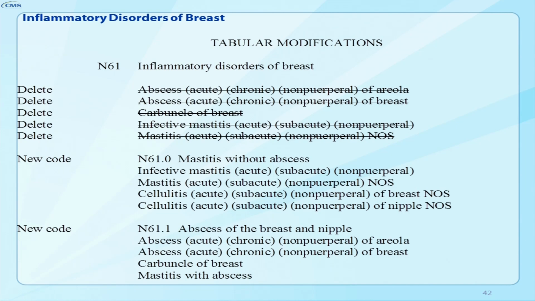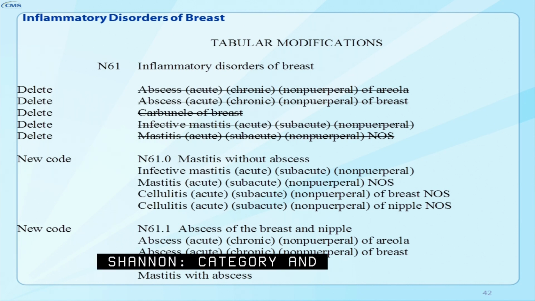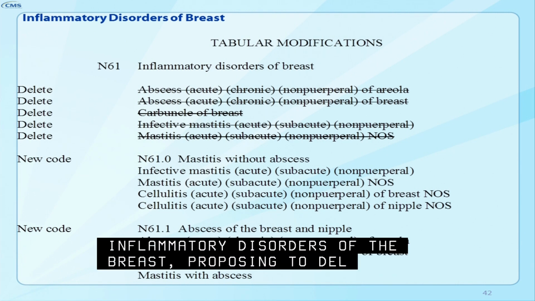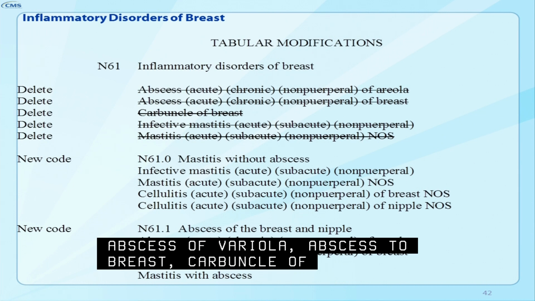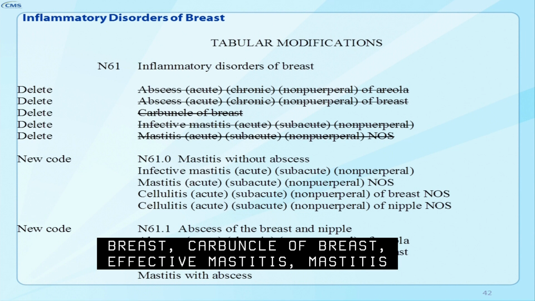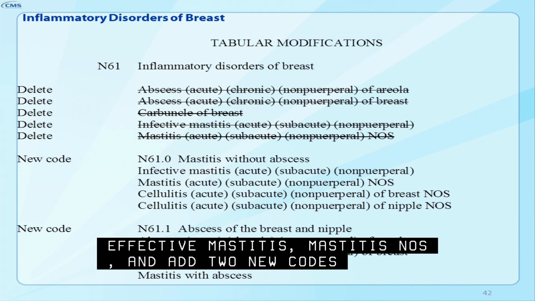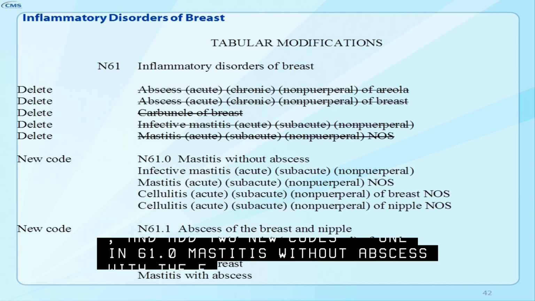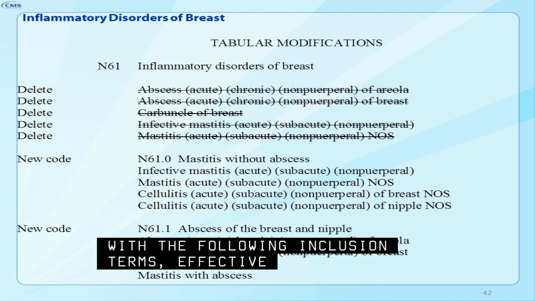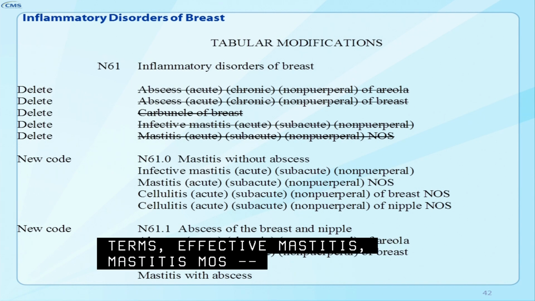Okay, great, thank you. Okay, so at category N61, inflammatory disorders of breast, we're proposing to delete the following inclusion terms: abscess of areola, abscess of breast, carbuncle of breast, infective mastitis, mastitis NOS, and to add 2 new codes: one, N61.0, mastitis without abscess, with the following inclusion terms: infective mastitis, mastitis NOS, cellulitis of breast NOS, cellulitis of nipple NOS.